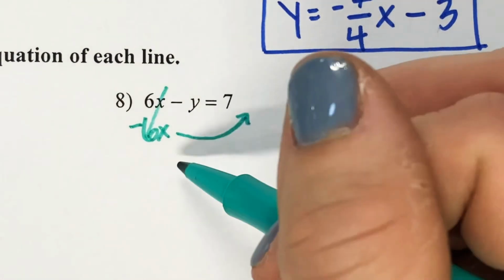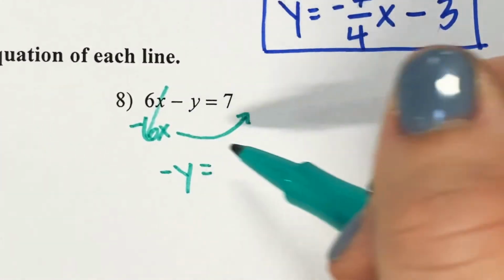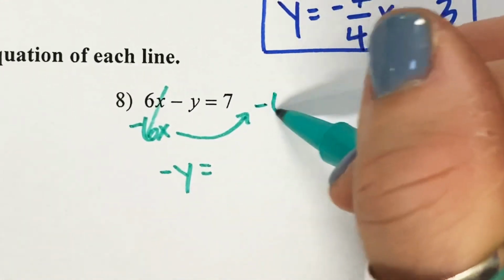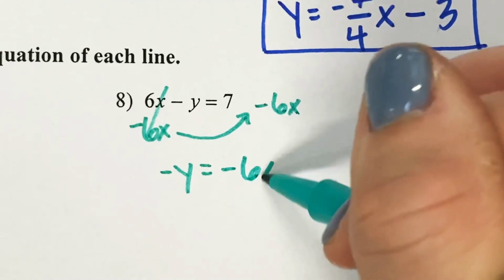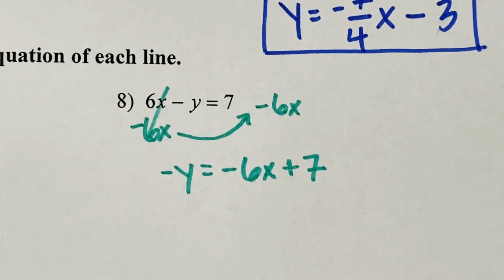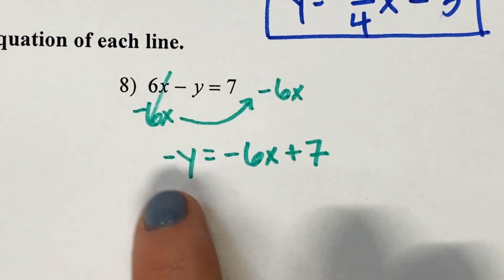So now what we have left, we have negative y that was still over there, equals, let's write our x term first, so negative 6x with a positive 7. Now look at my y. Is my y all by itself? No, it is not.